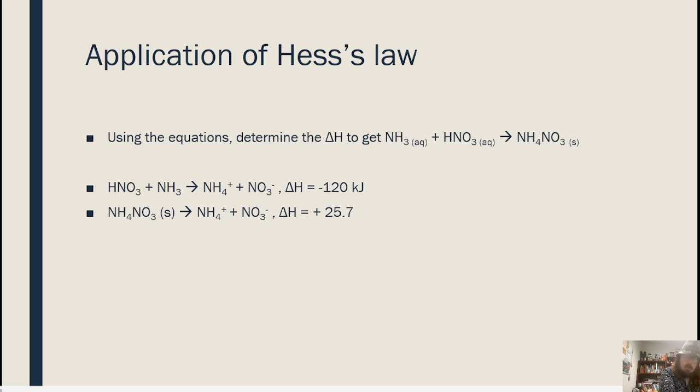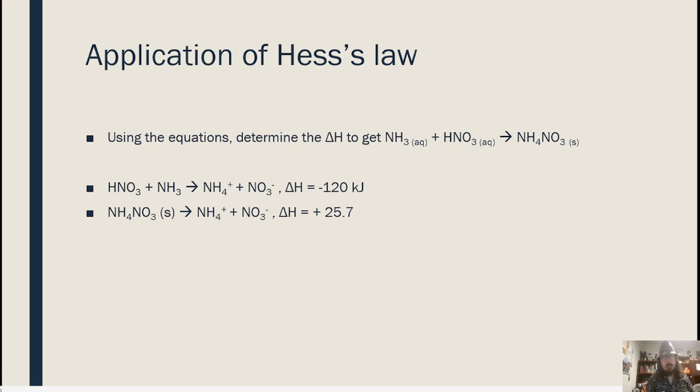So what would be the energy associated with this? Negative 120. I'm writing our numbers down. And ammonium nitrate solid breaks down into NH4 plus and NO3 minus. Delta H of positive 25.7.